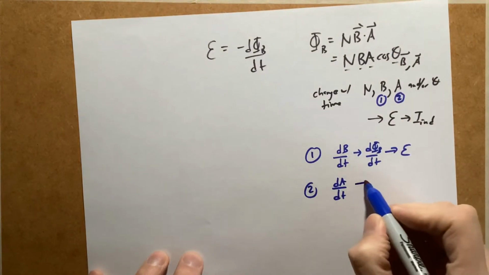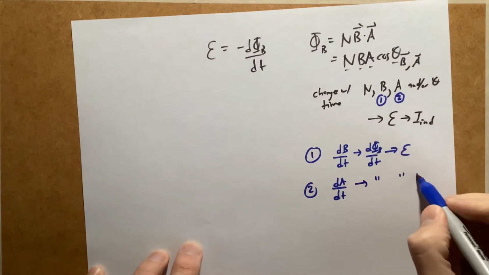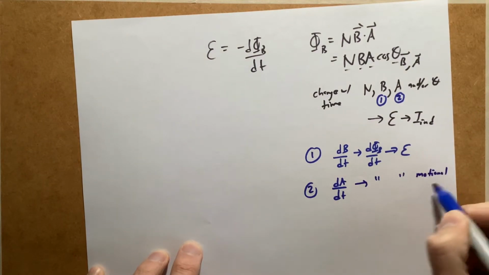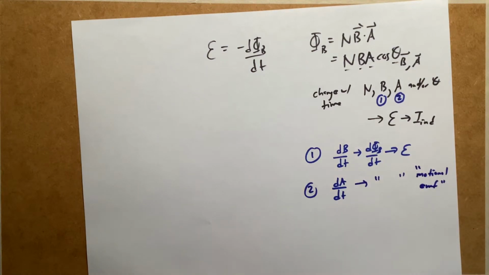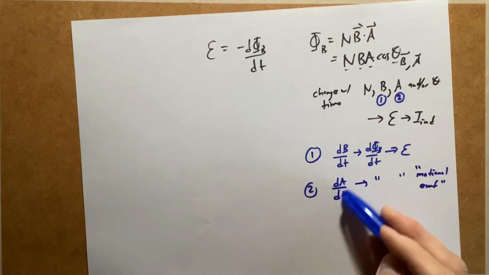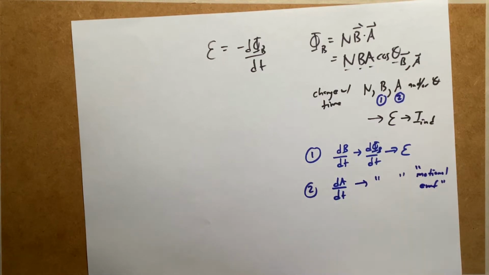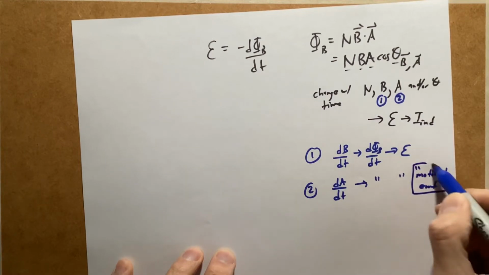So that will also lead to a change in flux with time and an EMF. That's my second example. This is what's sometimes known as motional EMF, okay? Because you are causing the flux change by some sort of actual physical motion of the thing that's catching the loop. So that'll be my next example after that.